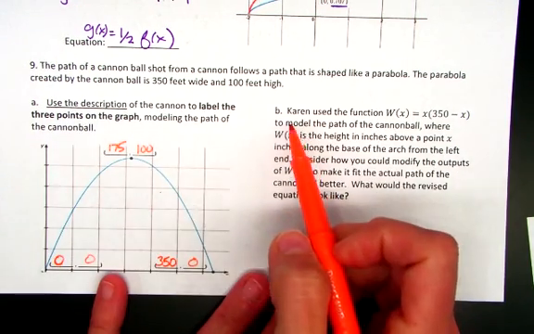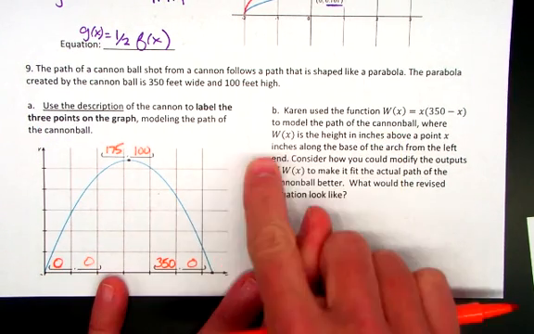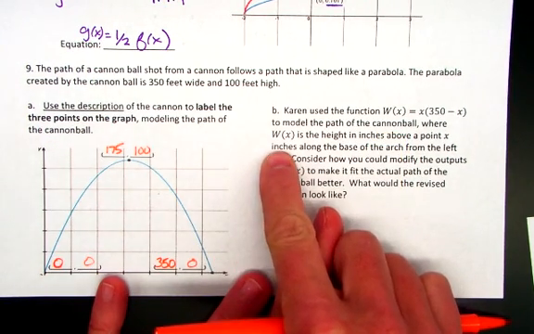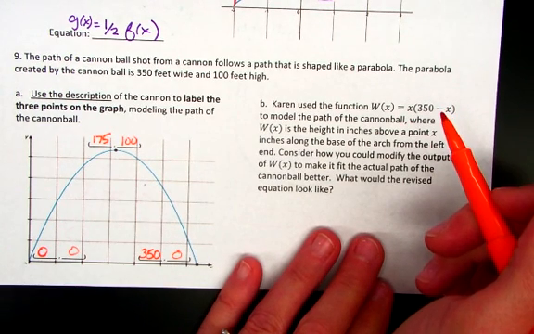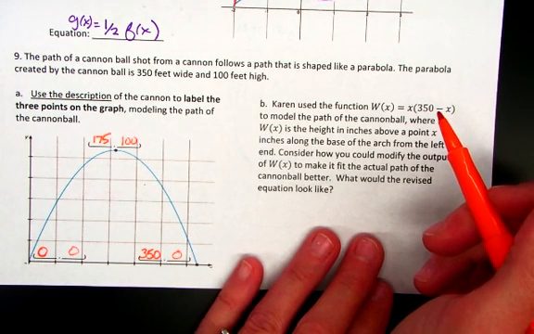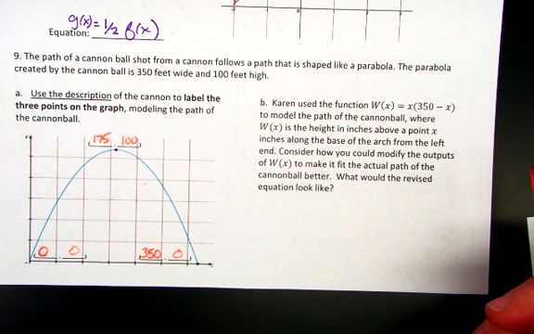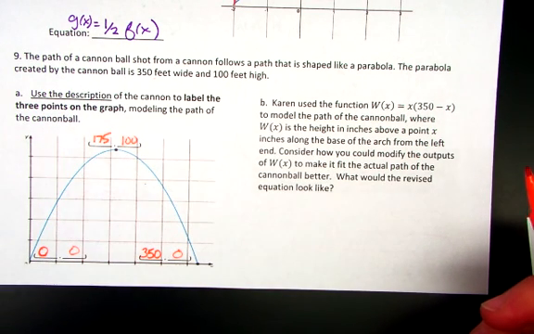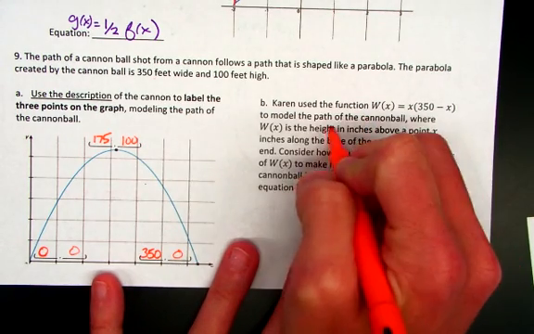Now Karen, she's using this function to model the path of the cannonball. And W is going to be our height in inches. Ooh, this makes it a lot harder because this is feet. I think this is a typo. We're going to have to do feet here as well.